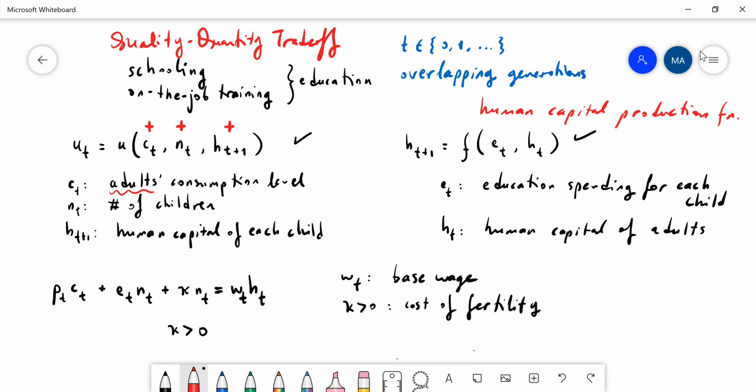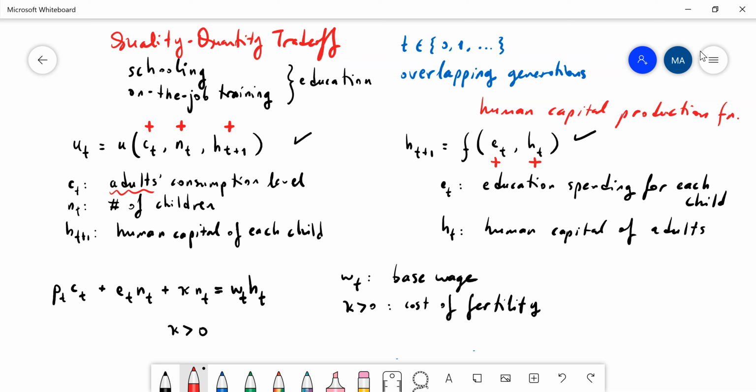But to create educated kids, to create skillful children, they have to spend something on education. Also, the kids benefit from educated parents, so there is an externality here. Parents' human capital is important for the kids' human capital.